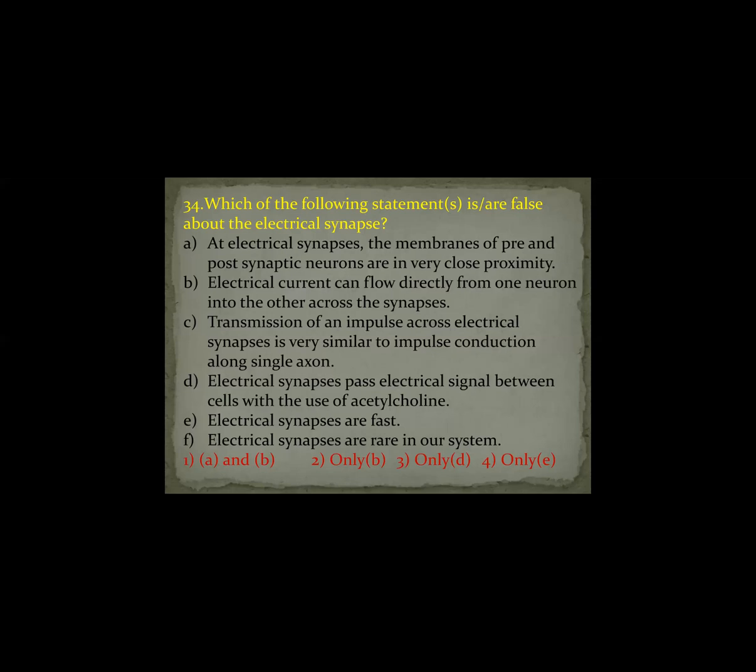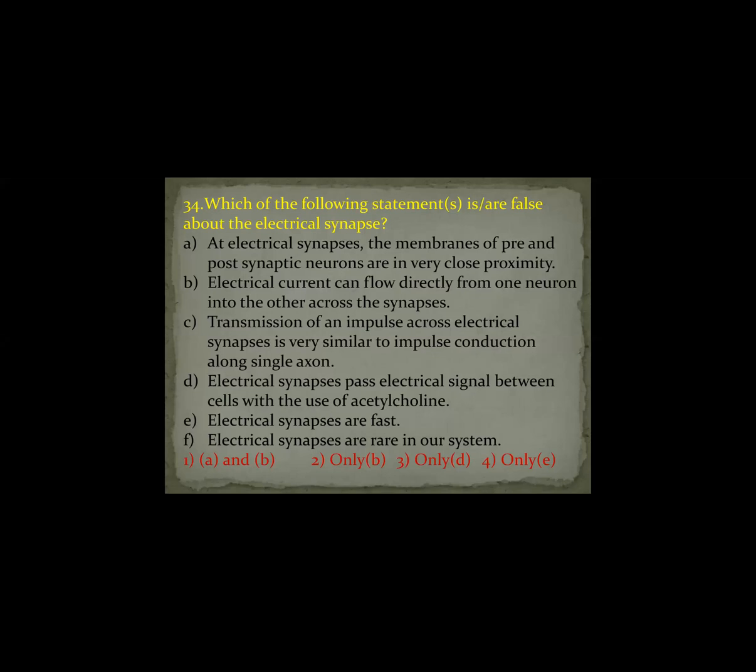Next, transmission of an impulse across the electrical synapse is very similar to the impulse conduction along a single axon, as the same events that conduct the impulse along the length of an axon take place in the electrical synapses also. The statement C is also correct.